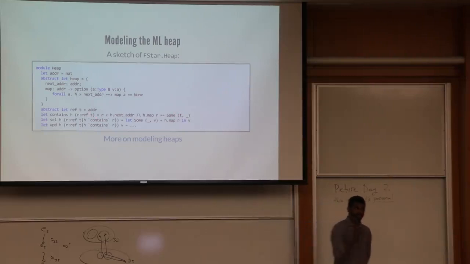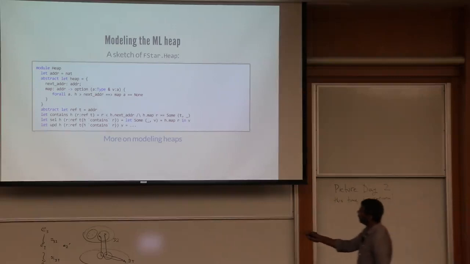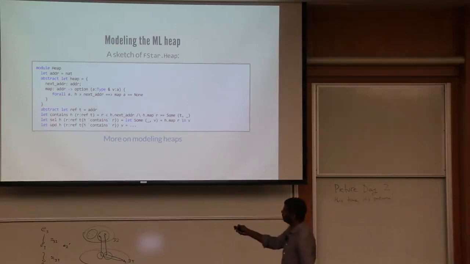So I know that if I can poke the map at that point and get back a T appropriate for ref of T.